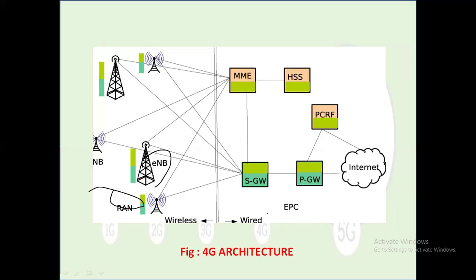This wireless infrastructure enables mobile devices to access the network and communicate with other devices. Next, wired components. The wired component of 4G architecture includes EPC, Evolved Packet Core, and Serving Gateway and Packet Data Network Gateway, PDN-GW. The EPC manages authentication, mobility, and data transfer, while the SGW routes data packets to and from the internet.